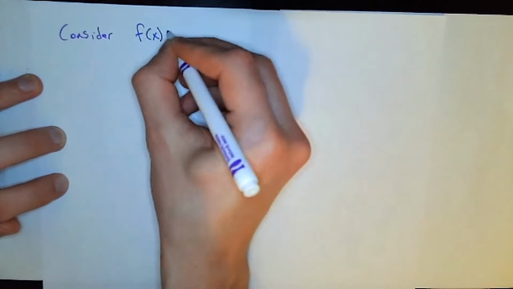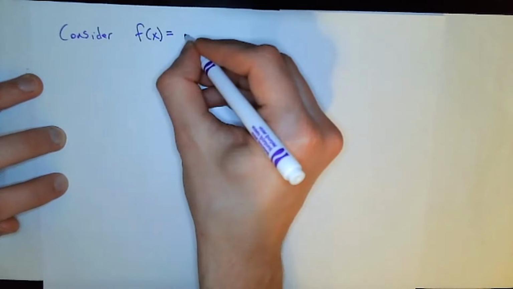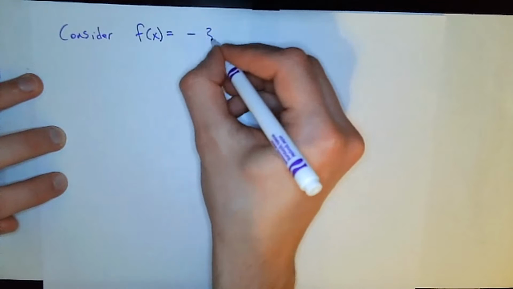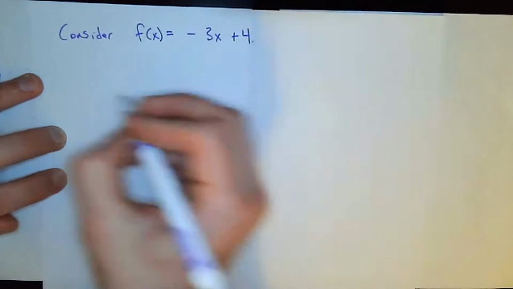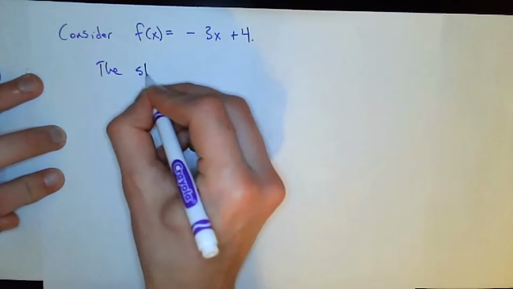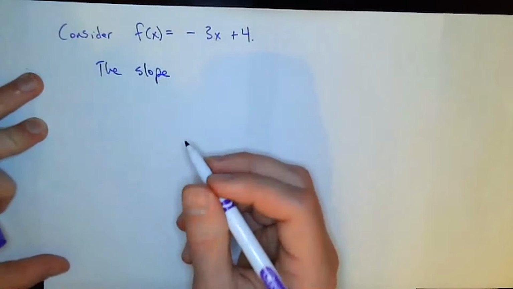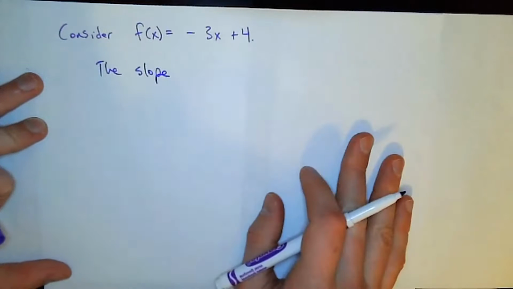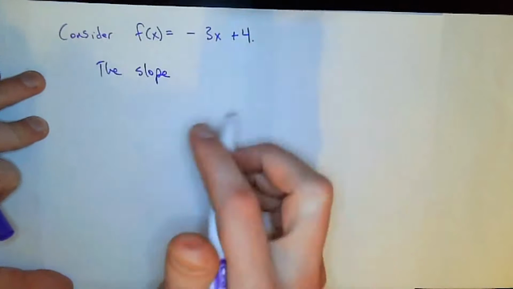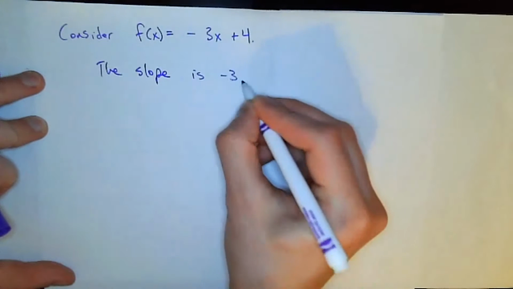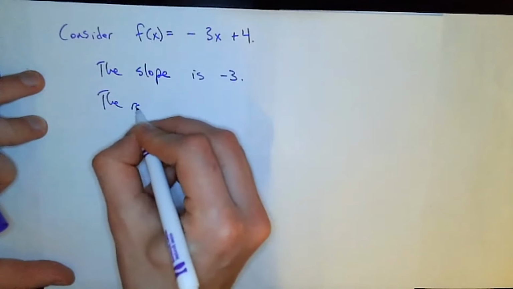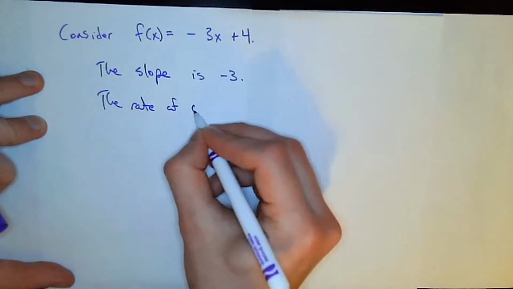Consider f of x equals, let's say -3x plus 4. Just want to point something out, just reiterate. I already said this in words, but I'm going to completely write it down. The slope is -3.